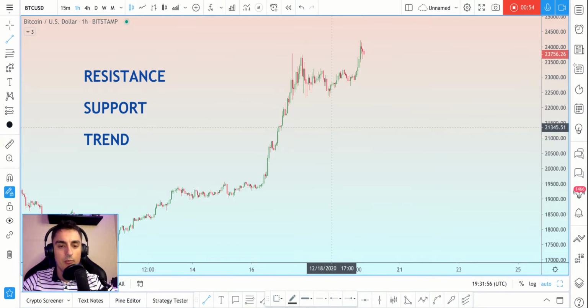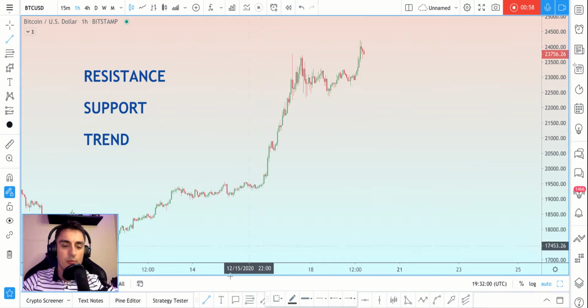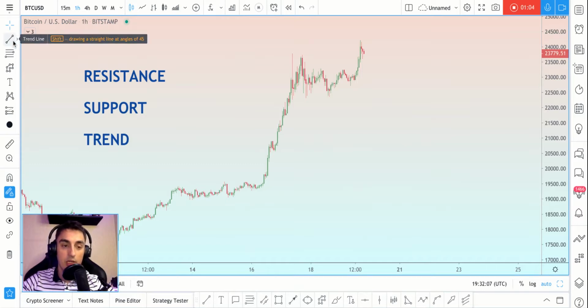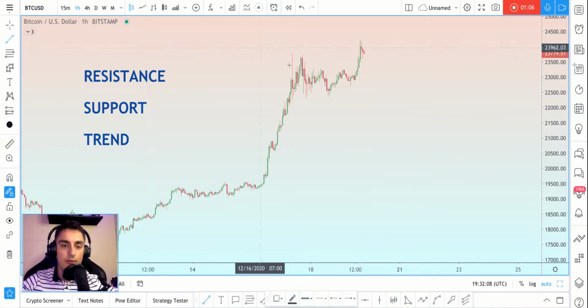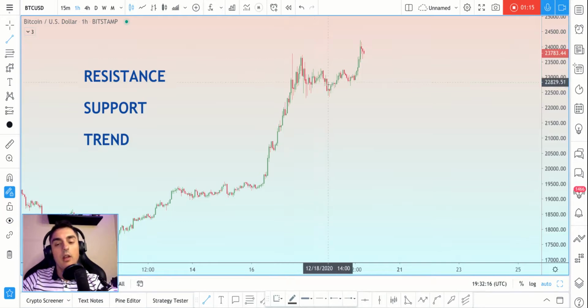I think this tool is the most important tool for everybody who's studying charts, for everybody who is trying to trade, because using the simple trend line, we can make a lot of things on the chart.